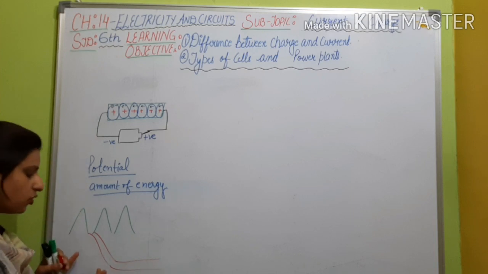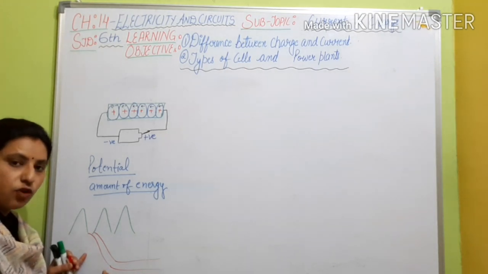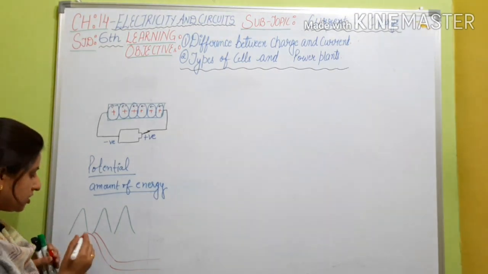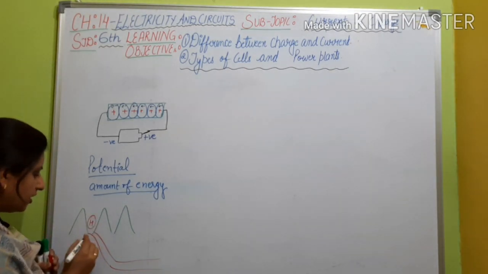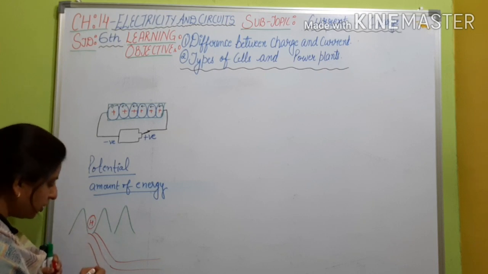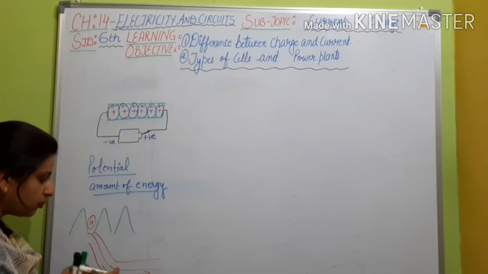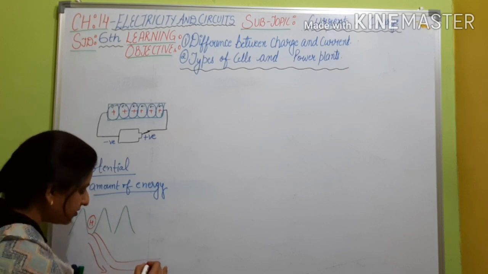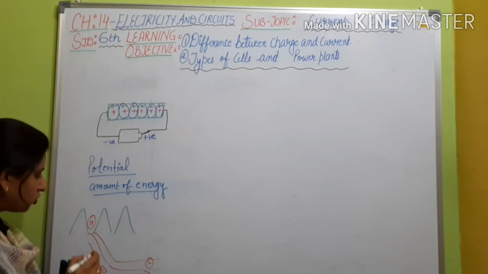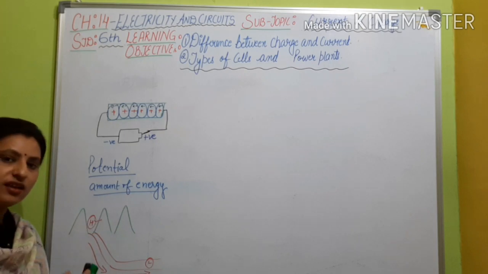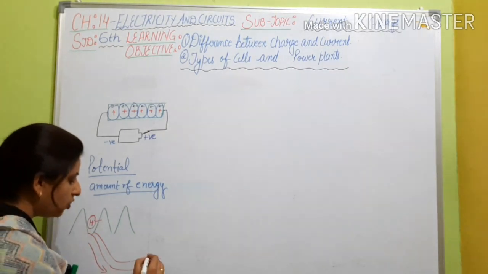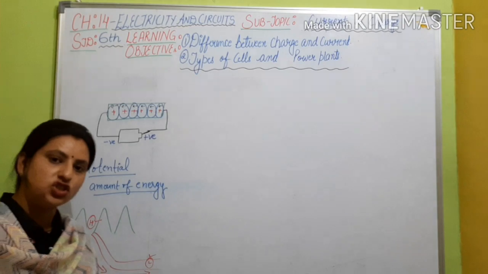So what is going on here? The water has high potential at the highest point, and as it is moving from higher point to the lower point, it means the energy of the molecules also got decreased when they are at the lower point. So the higher point has the highest potential and the lower point has the lowest potential.